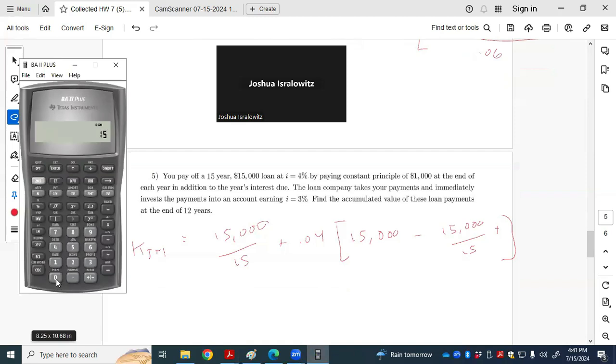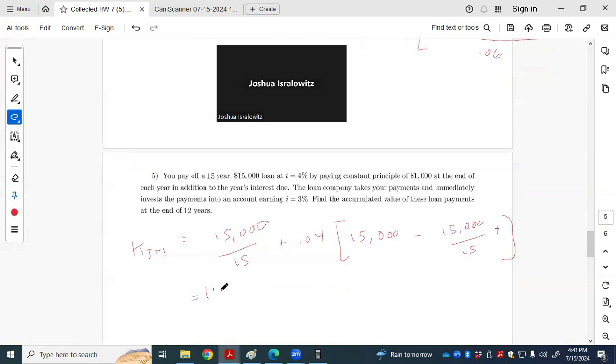Okay, 15,000 over 15 plus 0.04 times 15,000. 1,600 minus, well, it's 0.04, so it's like 4% of 1,000 is 40.